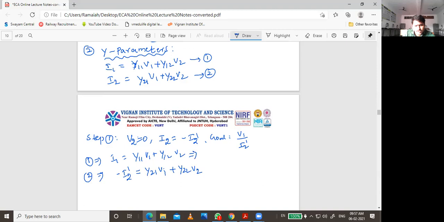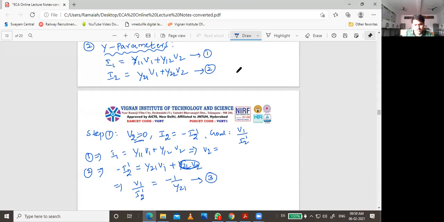As V2 is 0, this entire term is 0. You bring this I2 dash to the RHS and Y21 to the other side. So V1 by I2 dash equals minus 1 by Y21, equation number 3.